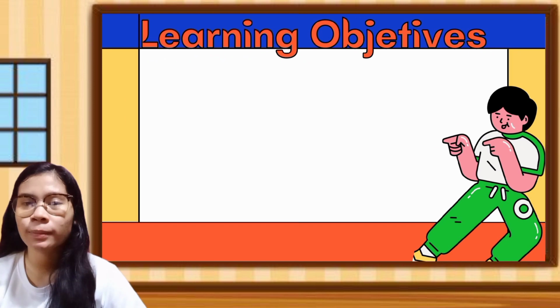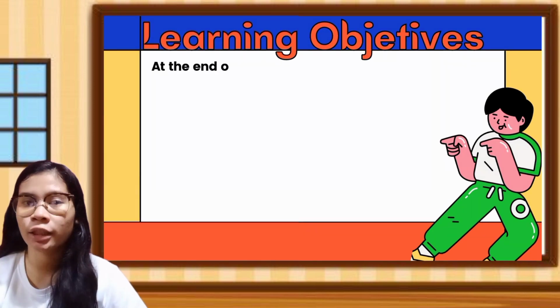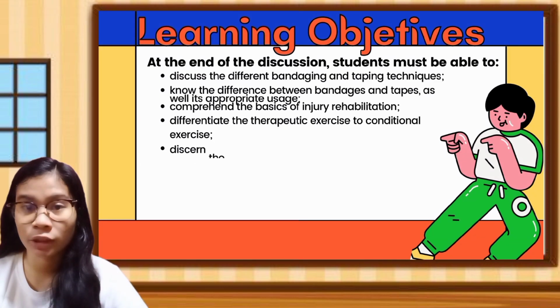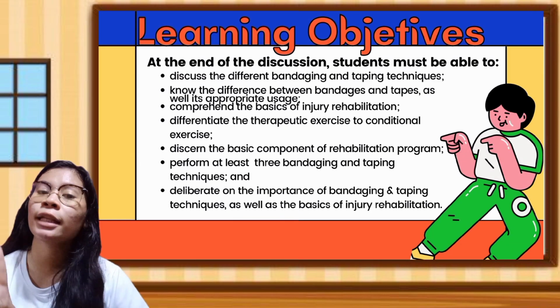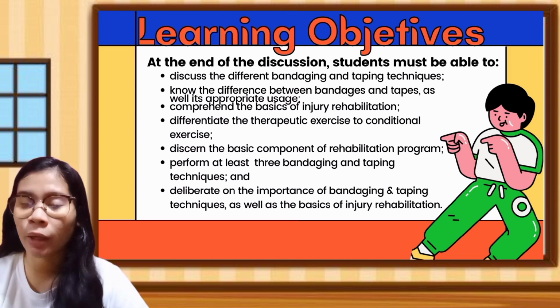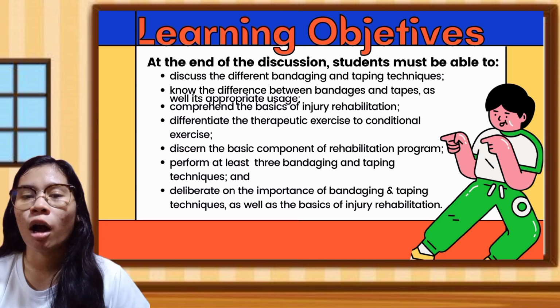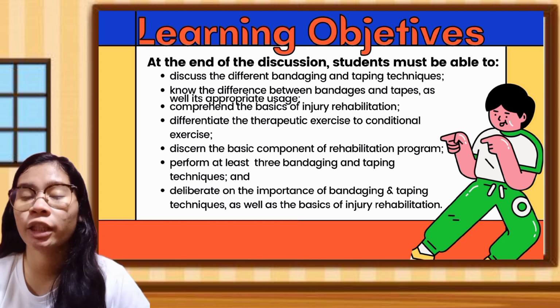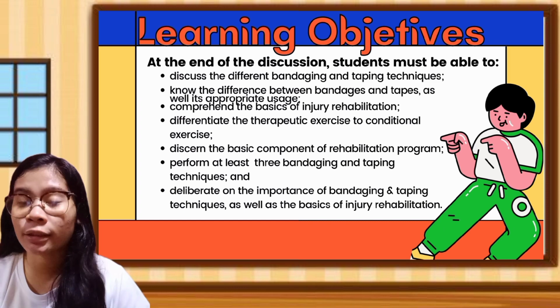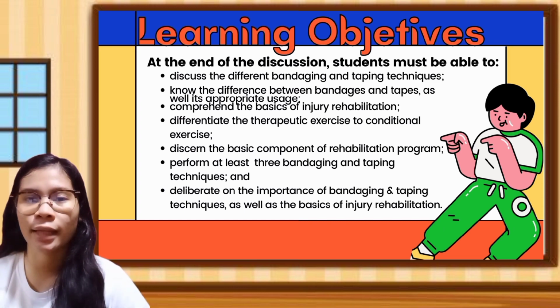For our learning objectives, at the end of the discussion, the students must be able to: first, discuss the different bandaging and taping techniques. Second, know the difference between bandages and tapes as well as their appropriate usage. Third, comprehend the basics of injury rehabilitation. Next, differentiate therapeutic exercise from conditional exercise.